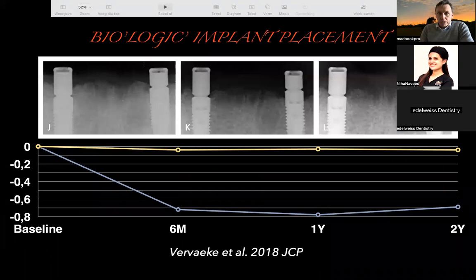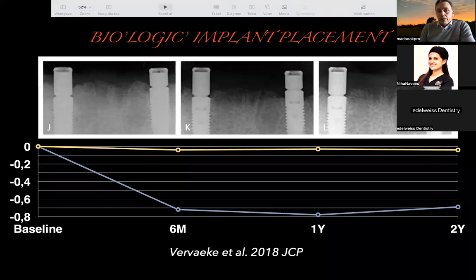And what did we see by doing a study also at our university? We saw that this remodeling of the bone is everywhere in implantology, and it is done in the first 6 months. We did a study placing one implant a little bit deeper than the other, put the abutment on it, and looked after 6 months.